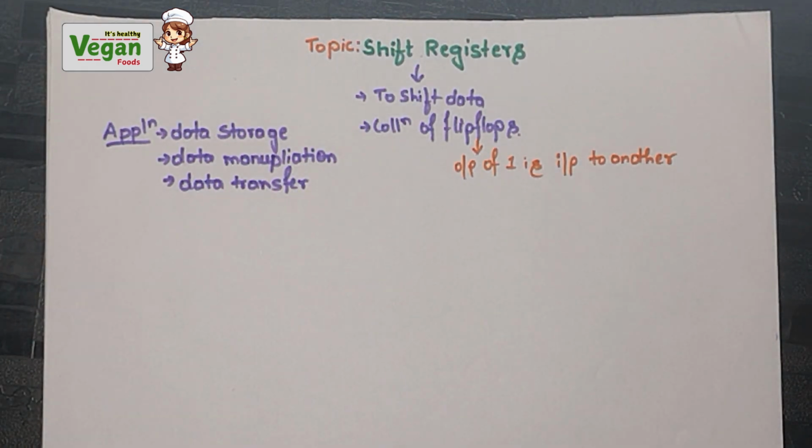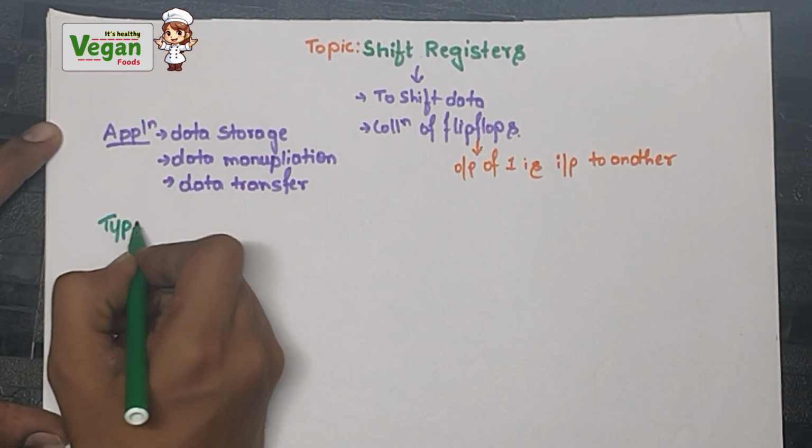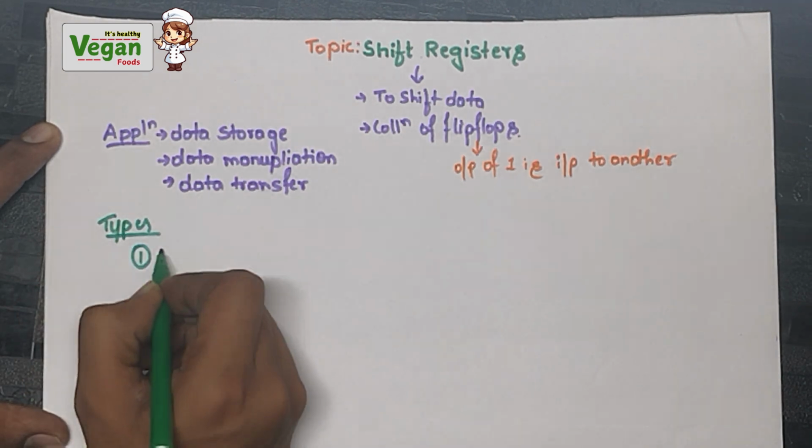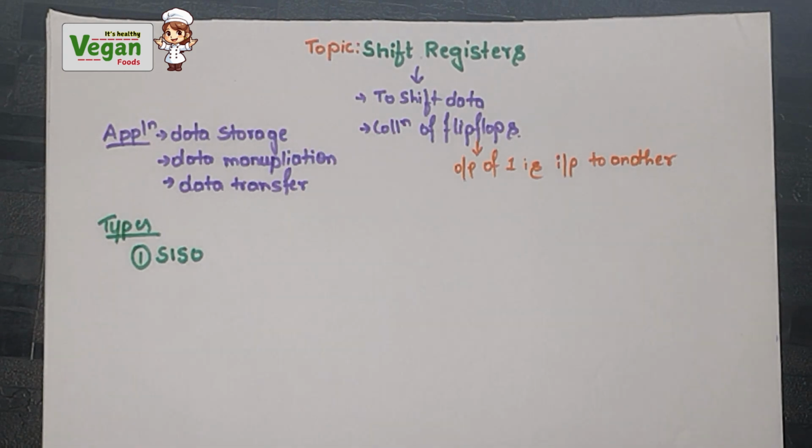Now, if we see the types or classification of shift registers, majorly we have 4 types of shift registers. First one is SISO. What does SISO depict?